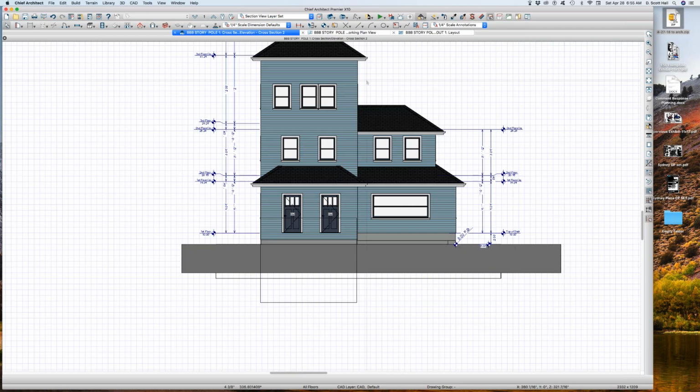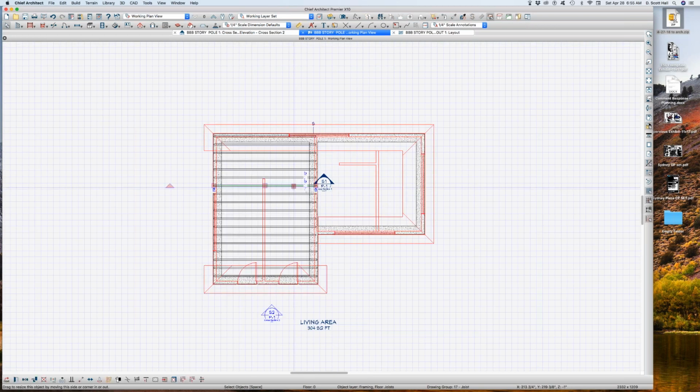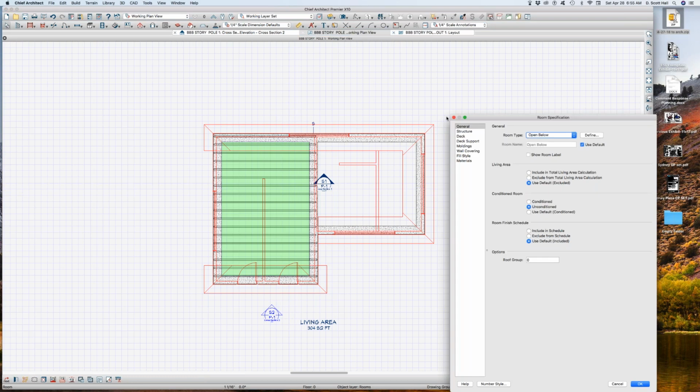That's the question. Let's go over here to working view. Go down to here, and this is going to be the basement. Now what am I going to call it?